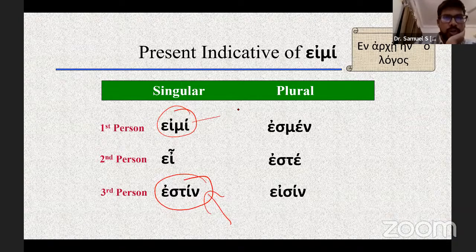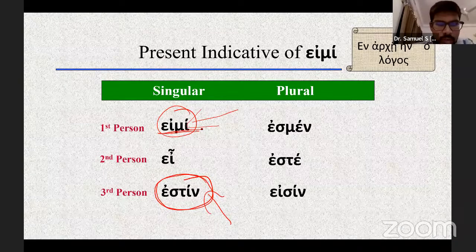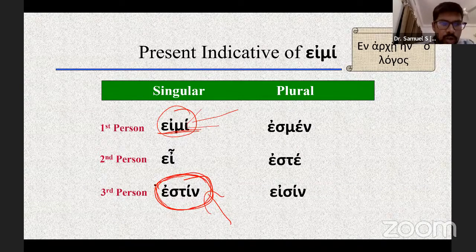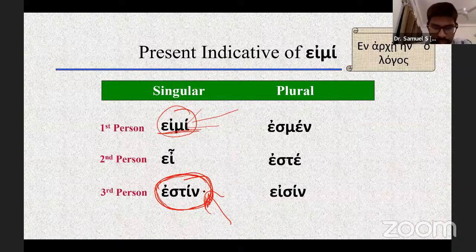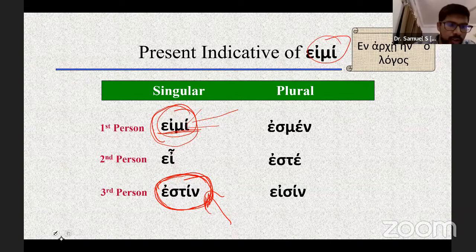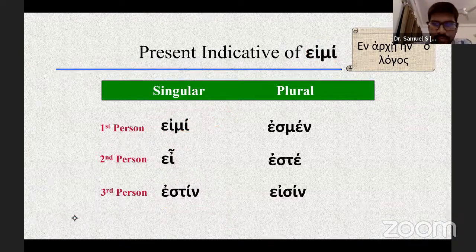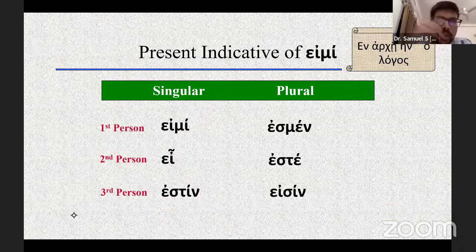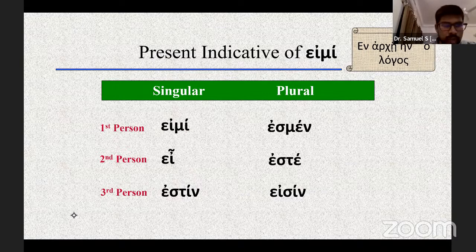You see these all over. And probably I would say estin is more common than eimi, as far as I can remember. So estin will be something that you will pretty much remember, because you'll see it so many times in scripture. And then eimi, probably you'll remember, because that's the main word for the paradigm. And anything else? Yeah. So apart from this, you should just memorize this paradigm like we did for the nouns.